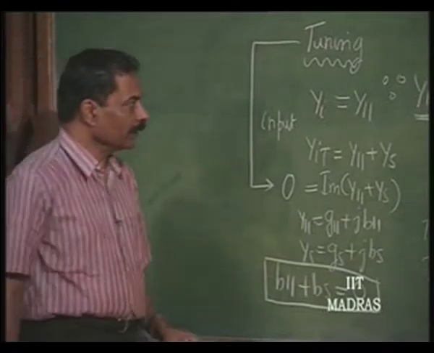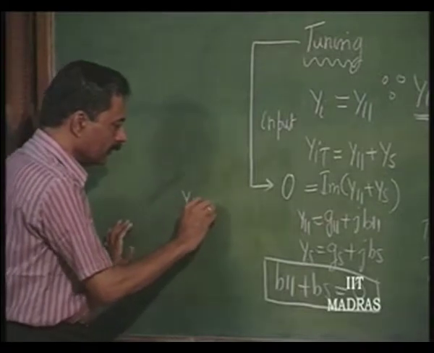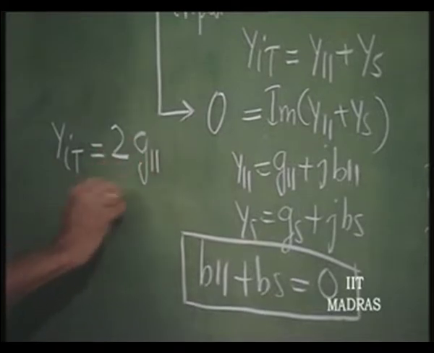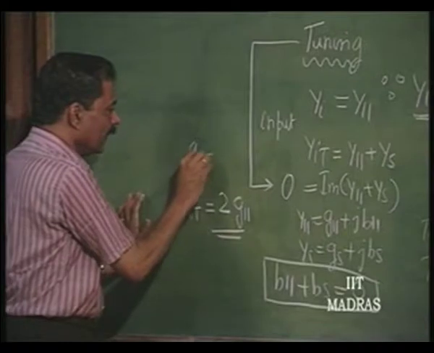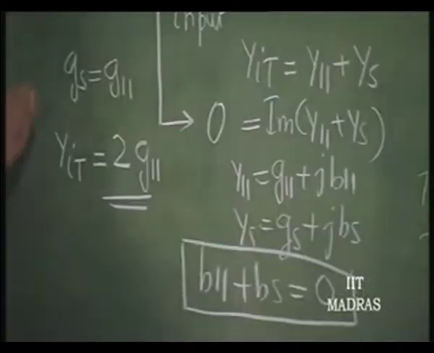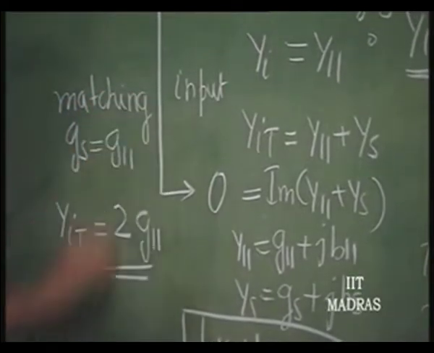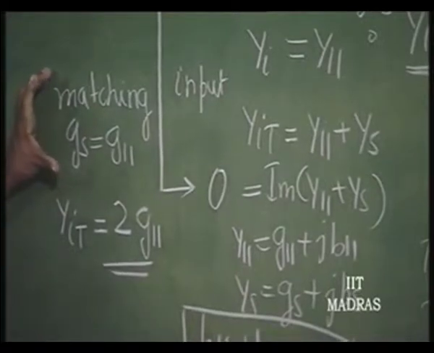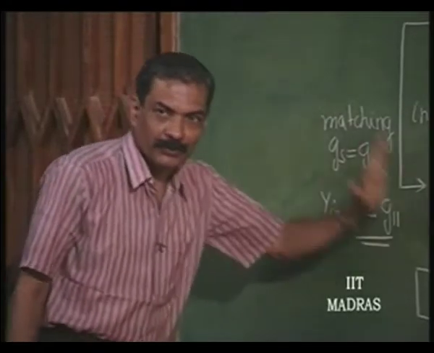In such a situation, the entire Y I total is going to be twice G11, because Gs is made equal to G11. This is called matching. This kind of structure with matching at the input is done in order to transfer maximum power from the source to the input.